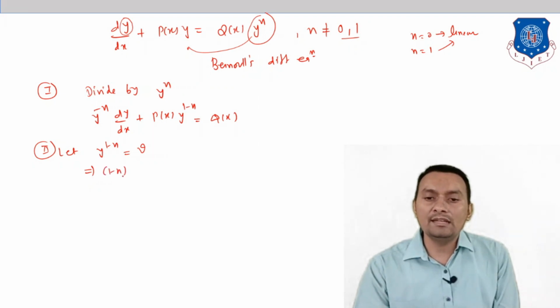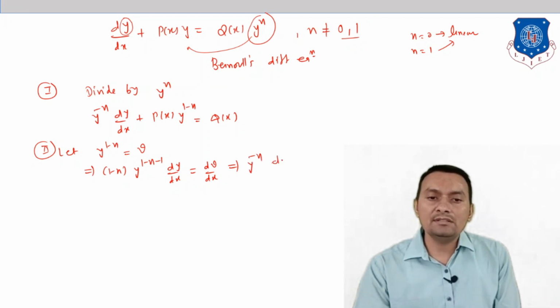So what I will get? 1 minus n times y raised to 1 minus n minus 1 dy by dx is equal to dv by dx. So from this you can calculate y raised to minus n times dy by dx, which can be written on the right hand side as 1 divided by 1 minus n times dv by dx.